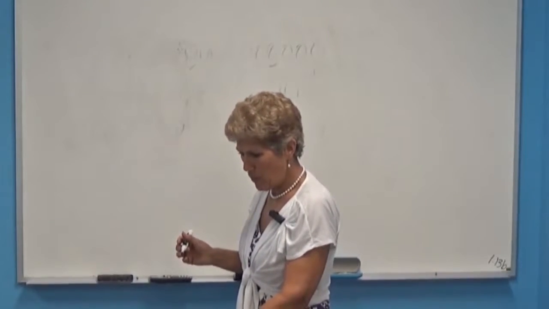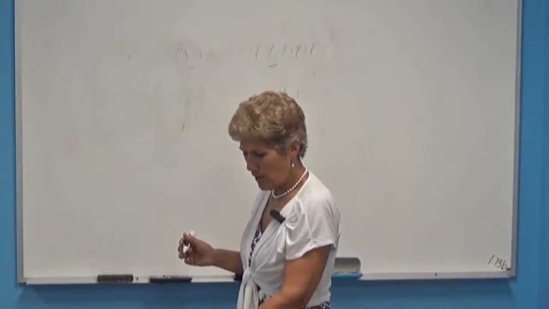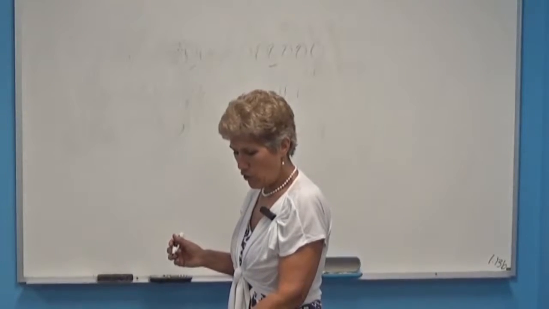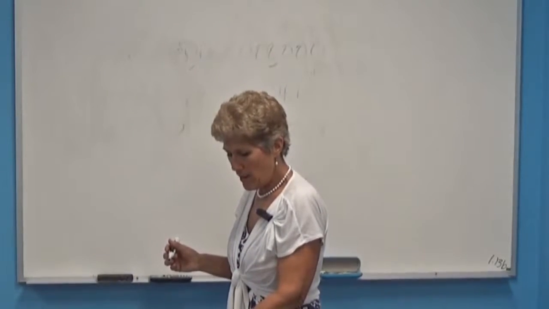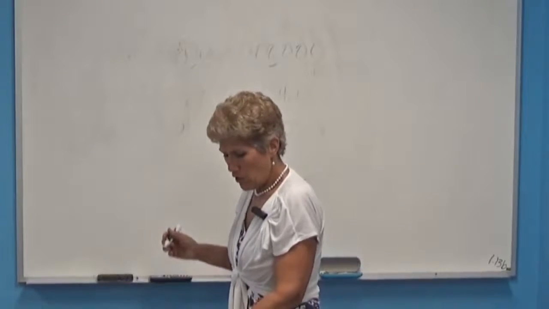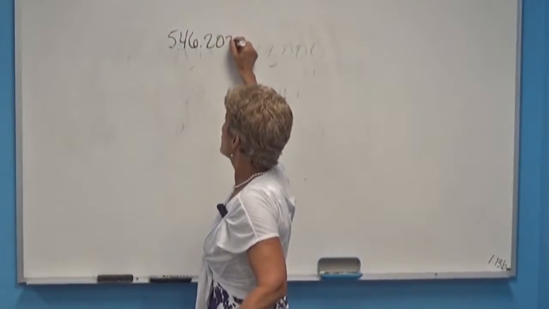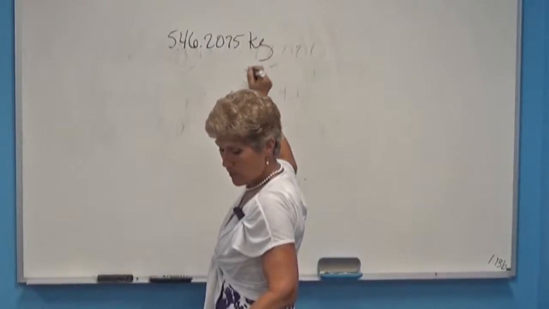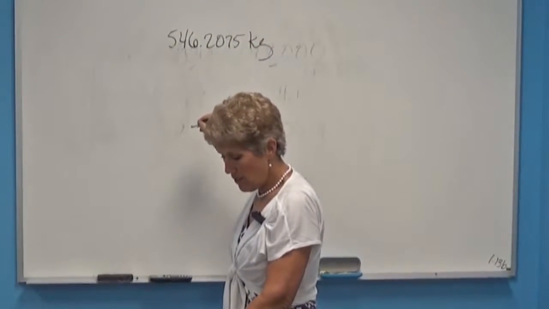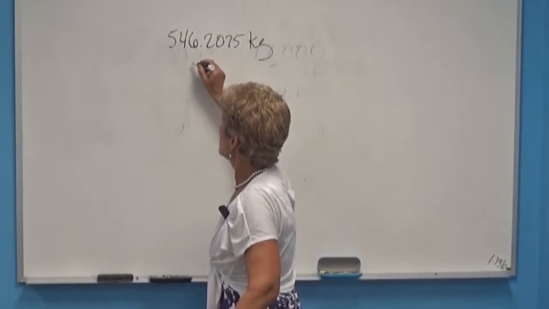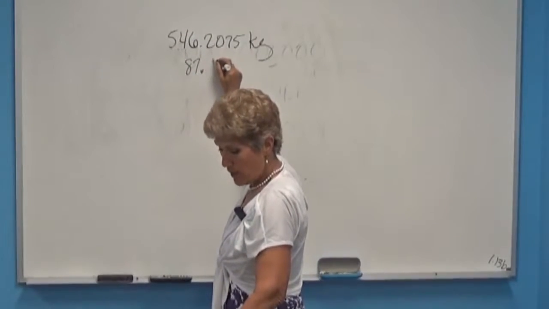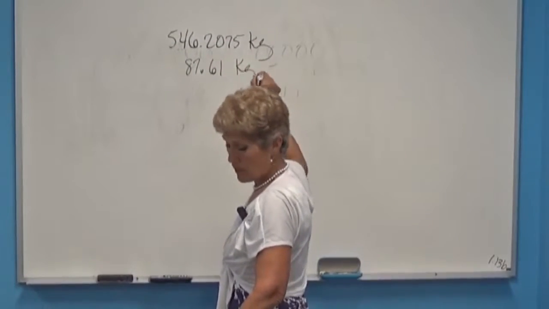On the example problem, it has a student with a mass of a jar. It's filled with sand, and they find the mass to be 546.2075 kilograms. When the jar is empty, the mass of the jar is 87.61 kilograms.